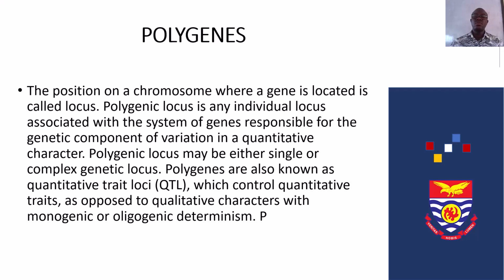A polygenic locus may be either a single or complex genetic locus. Polygenes are also known as quantitative trait loci, which control quantitative traits as opposed to qualitative characters with monogenic or oligogenic determinism.